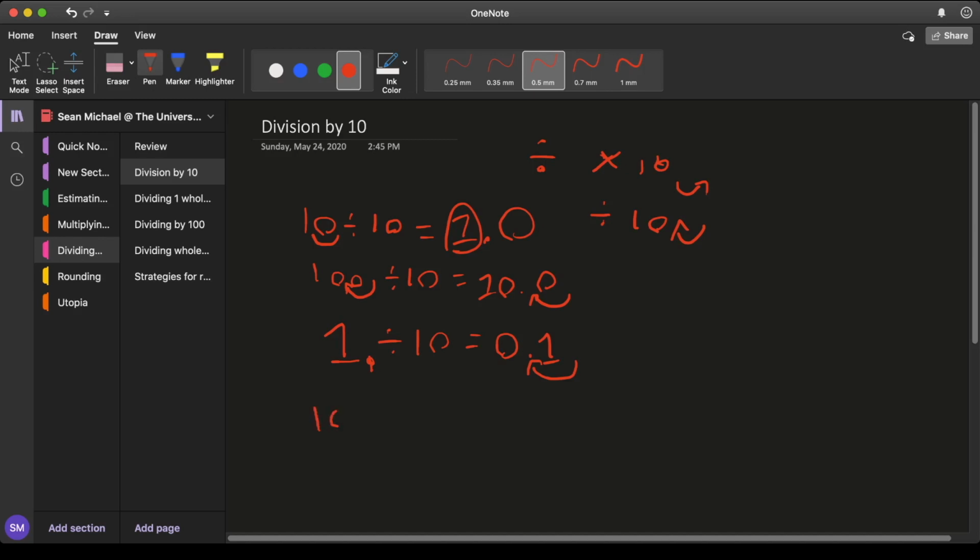So 10 times 10 equals 100. And then if we take 100, divide by 10, we reverse it and we get back to 10. So it does the opposite, and that's what we see here, the same with regards to decimals. That's really important to figure out.